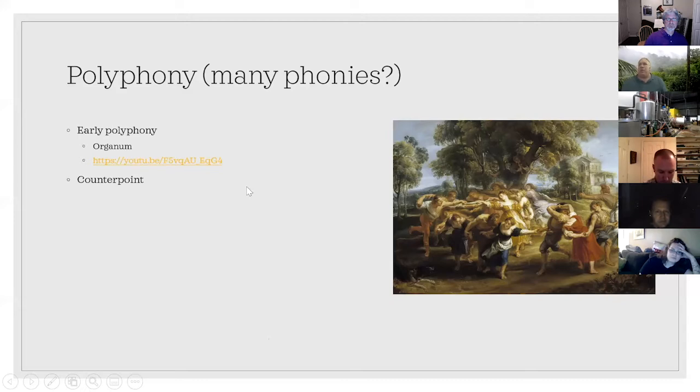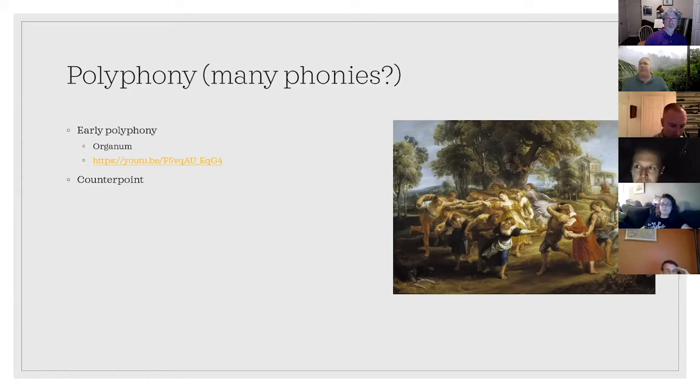All right, so very early examples of polyphony started kind of like that. Everybody singing the same thing, but just kind of taking off in different directions. And then as that got a little bit more sophisticated, we start having the realization that two lines going in different directions and having their own properties can be quantified as being part of what's called counterpoint.